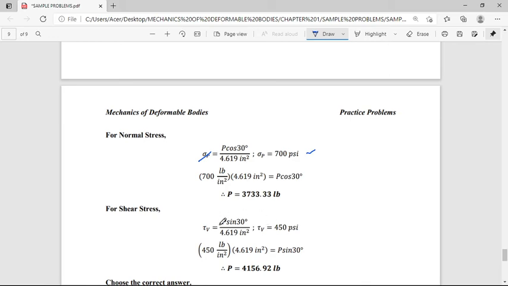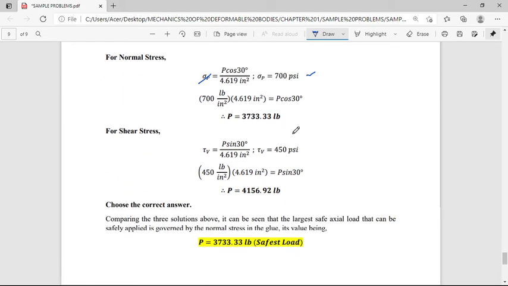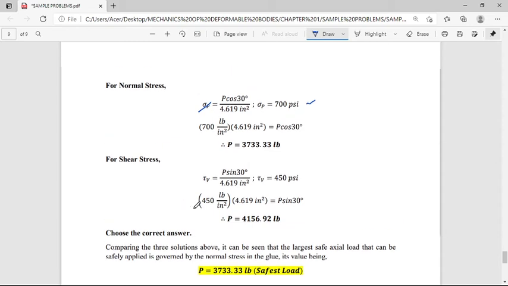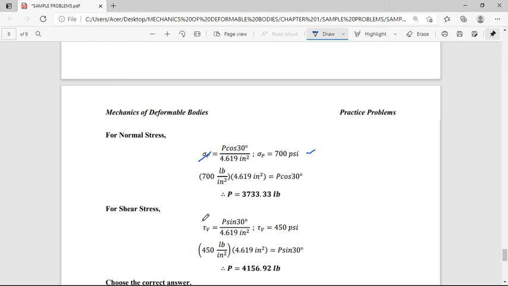So, we already have two values of P. One is from the working stress of the wood. The second is from the normal stress acting on the glued portion of the wood. And the third is for the shearing stress. For shear stress, we do the same thing. The shearing force, P, or V, I mean, is equal to P sine of 30 degrees.